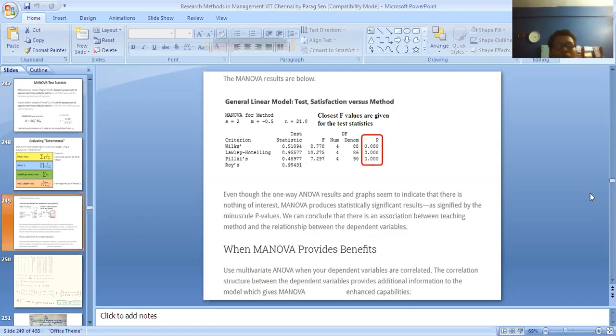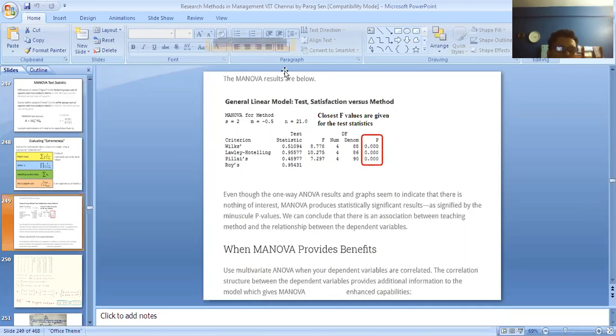So basically MANOVA is used when your dependent variables are significantly correlated, because there you have a higher chance that the p-value will be less than 0.05.